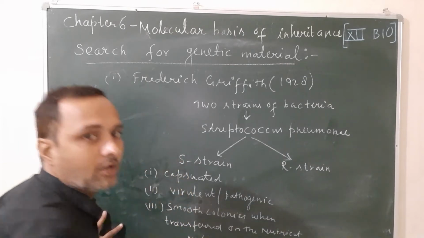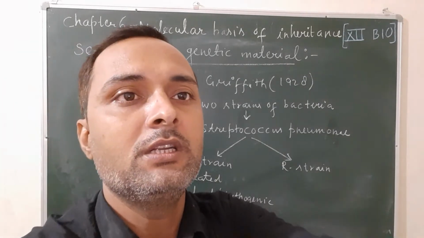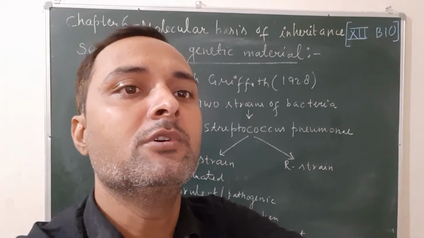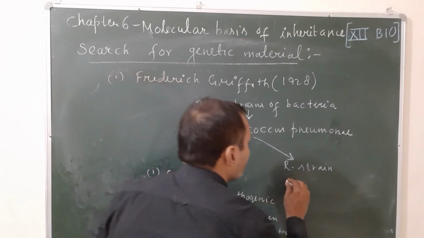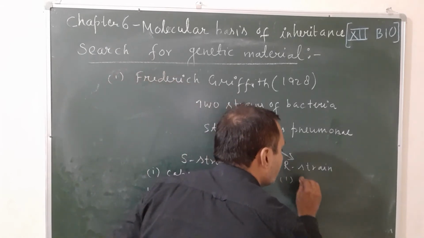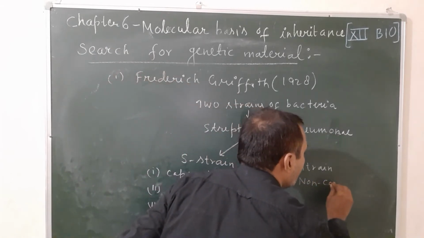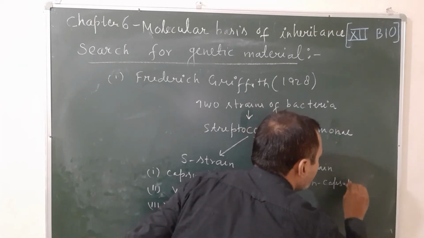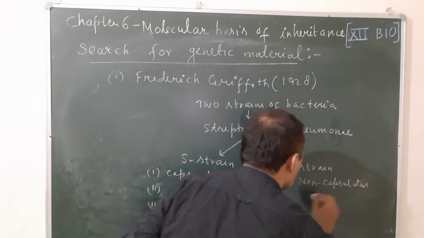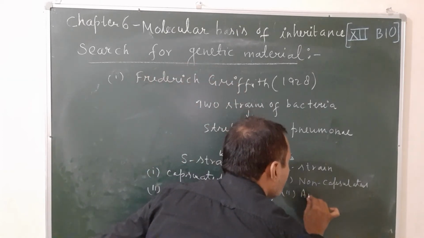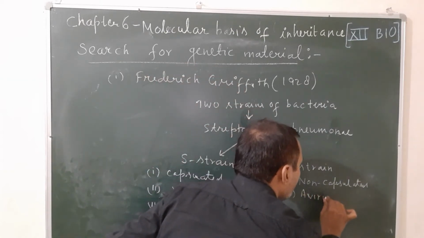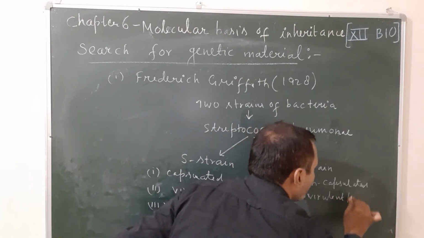when transferred onto the nutrient medium. Now let's see the properties of the R strain. First, they are non-capsulated, meaning the capsule is absent outside the cell wall. Second, they are avirulent, meaning non-pathogenic.